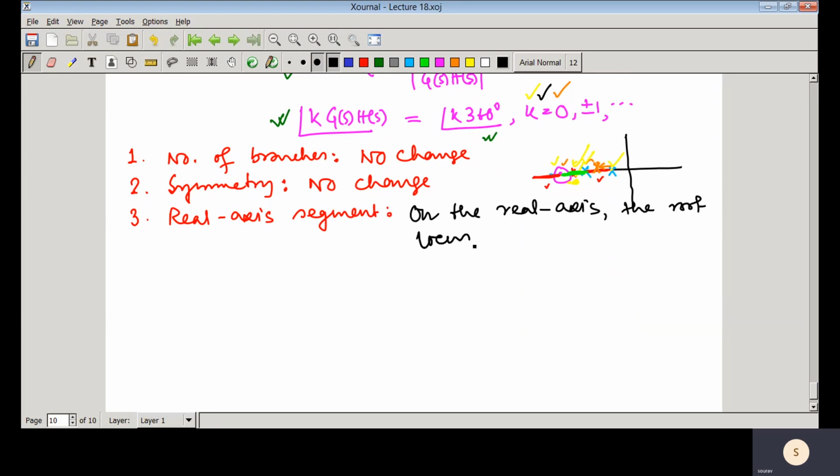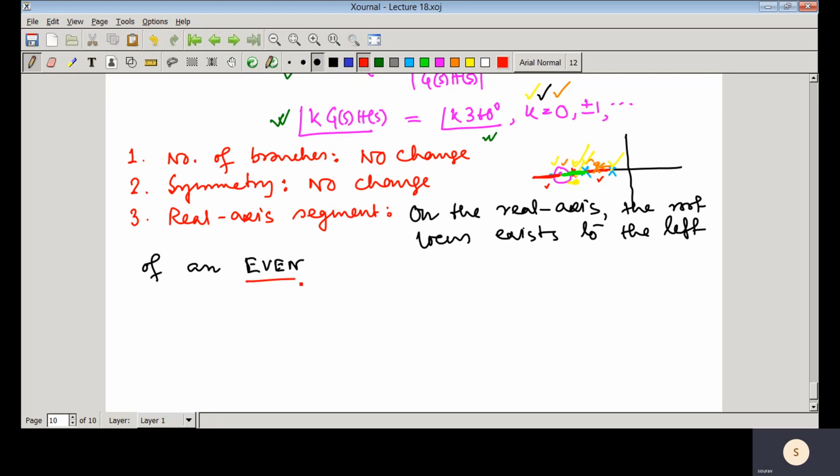The root locus exists to the left of n, where n is even.